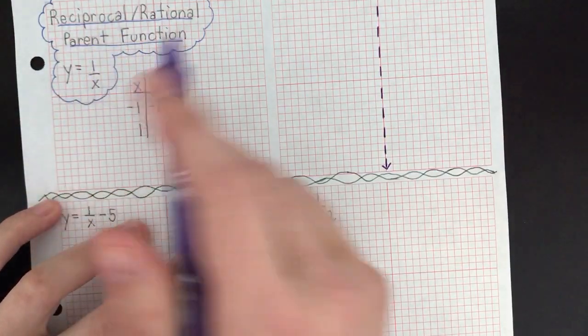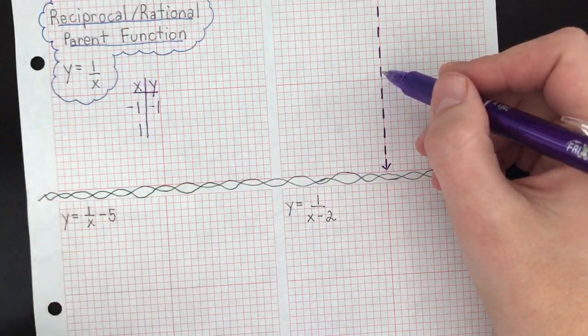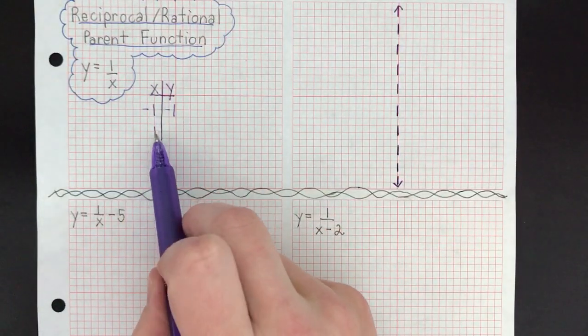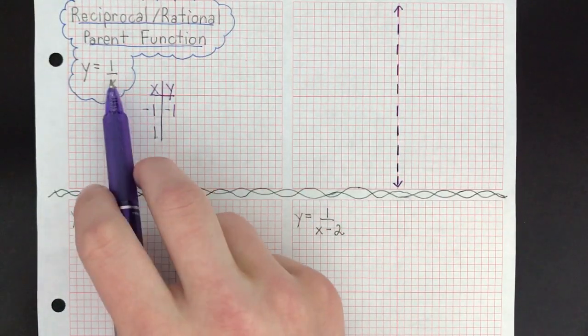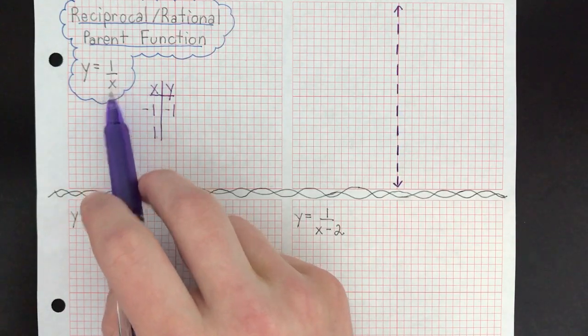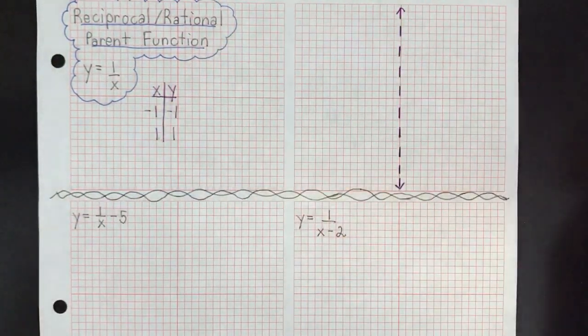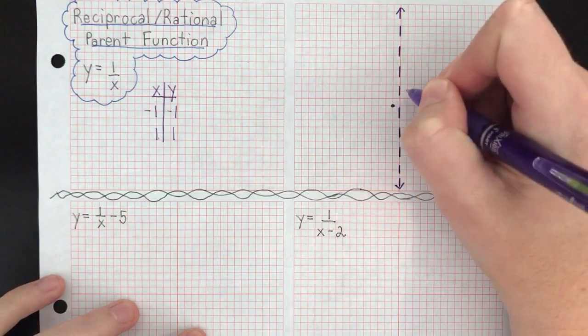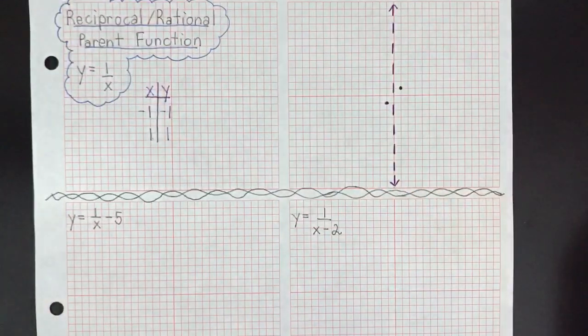So the rational or reciprocal parent function has an asymptote on the y-axis. Okay, and then I also want you to think about plugging in +1. If you plug in +1, 1 divided by +1 would be +1. So my 2 points for this graph are -1, -1, and 1, +1.